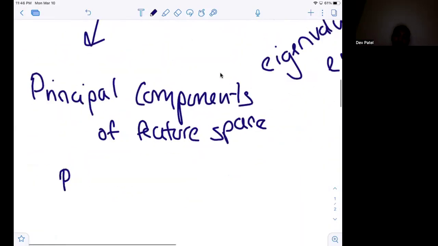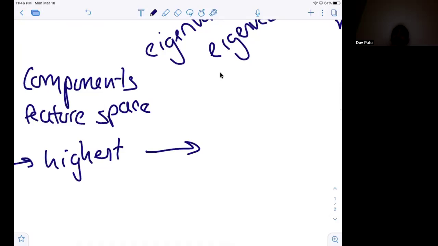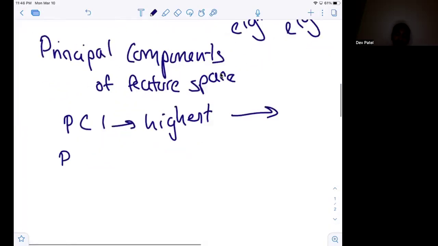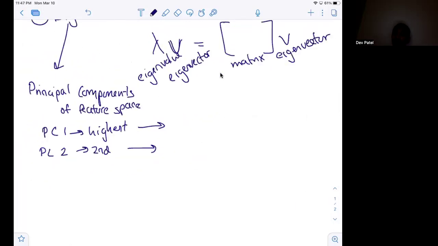Now, the principal component with the highest eigenvalue is PC1, and that will contain a majority of the variance from the dataset. PC2 is going to contain the second highest eigenvalue, and that is going to explain the second highest variance in the dataset. And then it will diminish as you get more principal components.